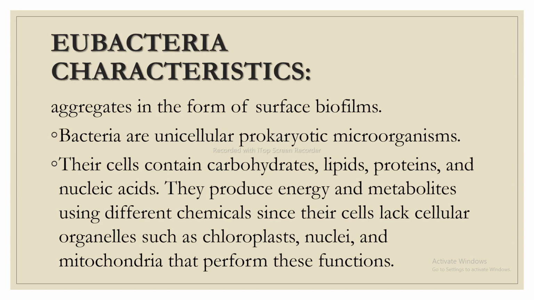Their cells contain carbohydrates, lipids, proteins and nucleic acids, and they produce energy and metabolites using different chemicals since their cells lack the cellular organelles such as the chloroplasts, nuclei and mitochondria that perform these functions.